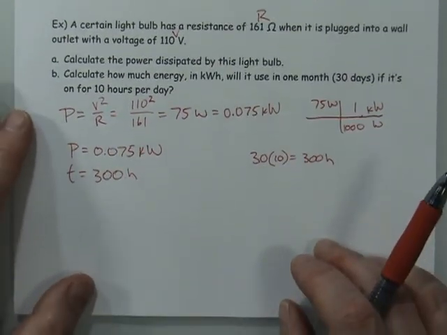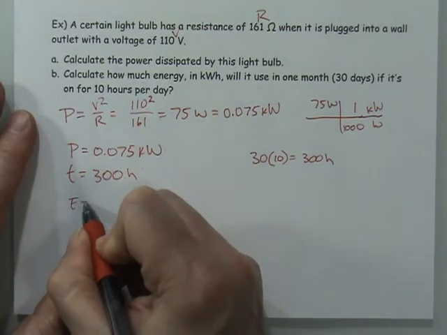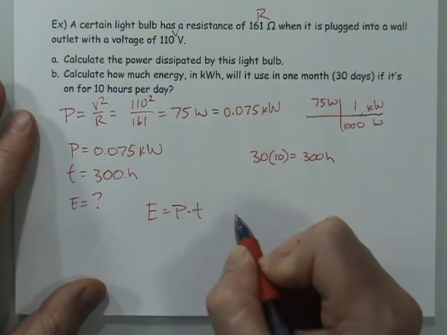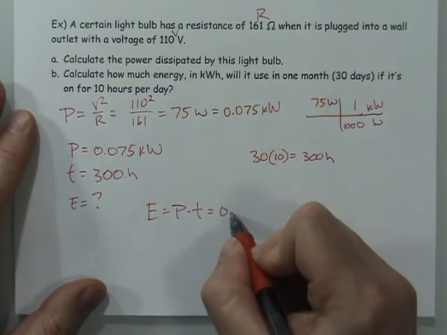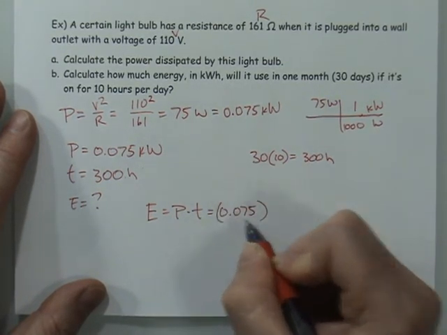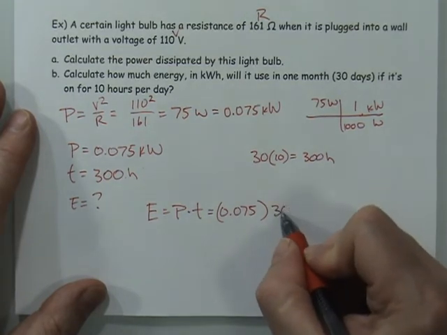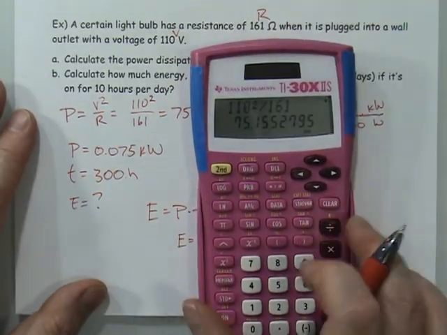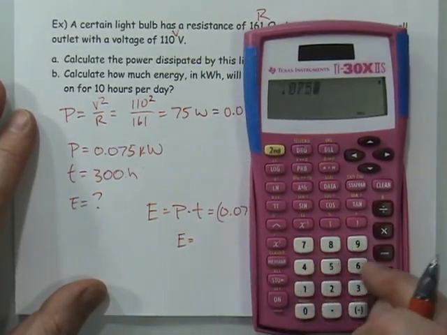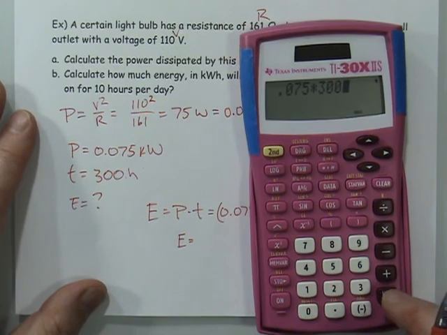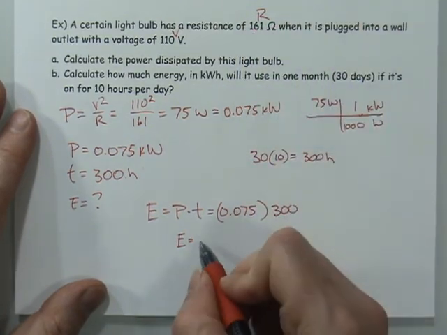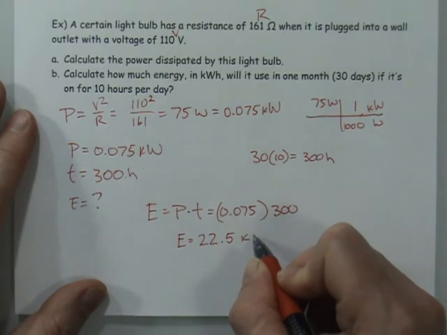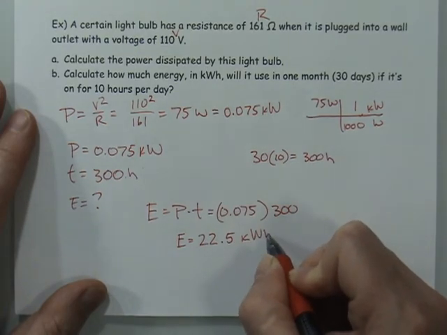So now what I'm looking for is E. I'm going to say that E is equal to P times T. That is going to be equal to 0.075 kilowatts times 300 hours to give me an energy of 0.075 times 300, 22.5. So over the course of this month, this light bulb will use 22.5 kilowatt hours.